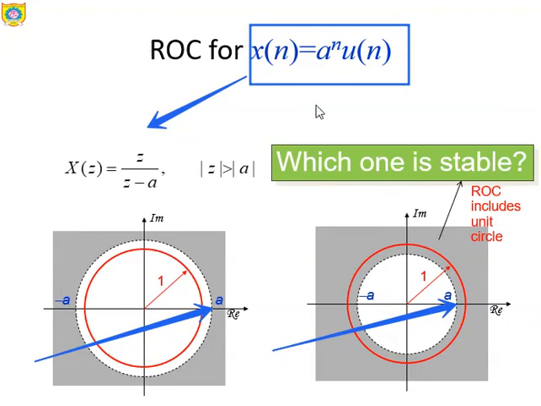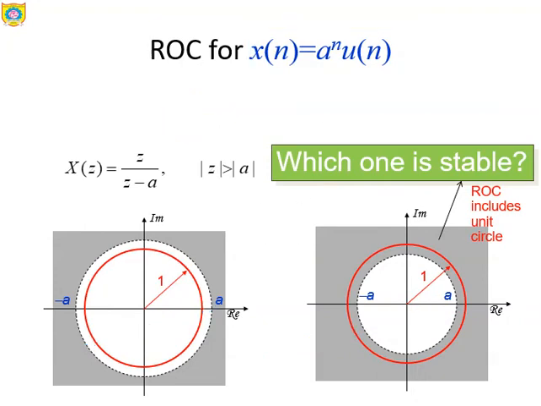Obviously we can bring the conclusion over here that for a greater than 1, this particular system is not stable at all. So this is not stable. So which one is stable then? Obviously this particular system is stable.